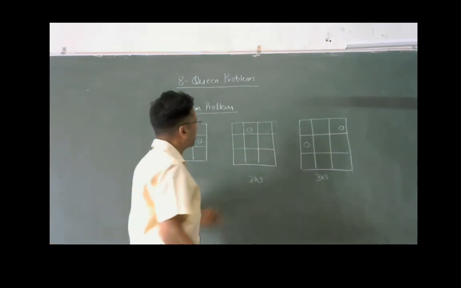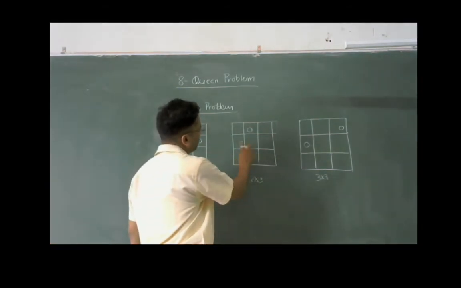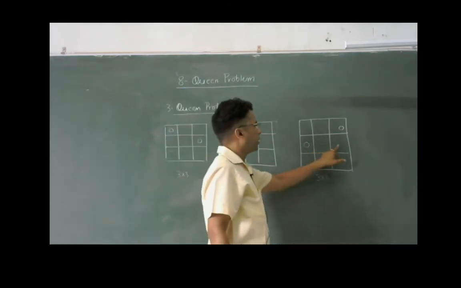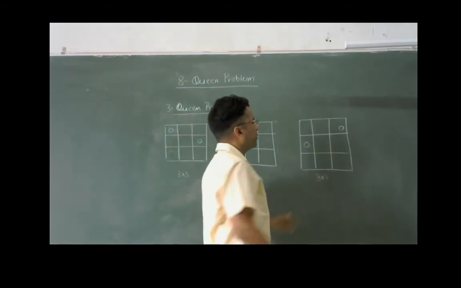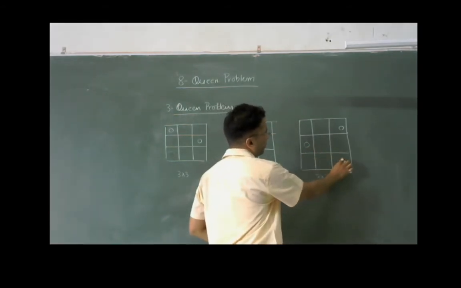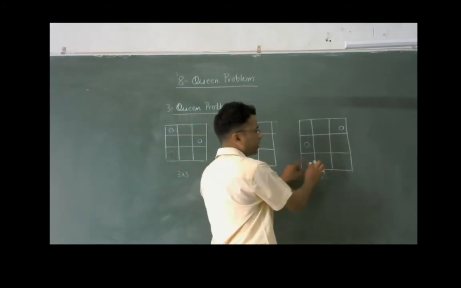Similarly, in this situation, this case has already been cancelled because we cannot place it at any place. Similarly, here we cannot place our queen in any of these. If we place it here, it will be hit by this one. If we place it here, then it will be hit by this one.